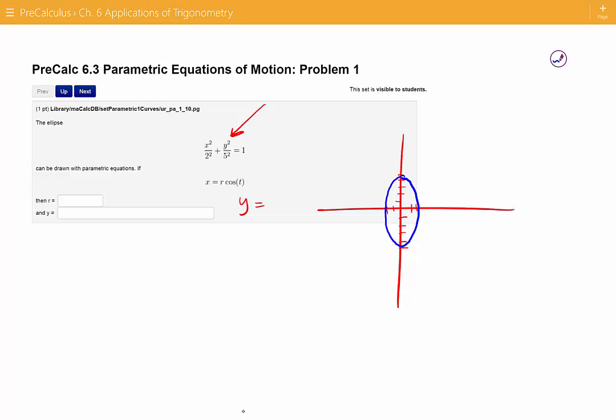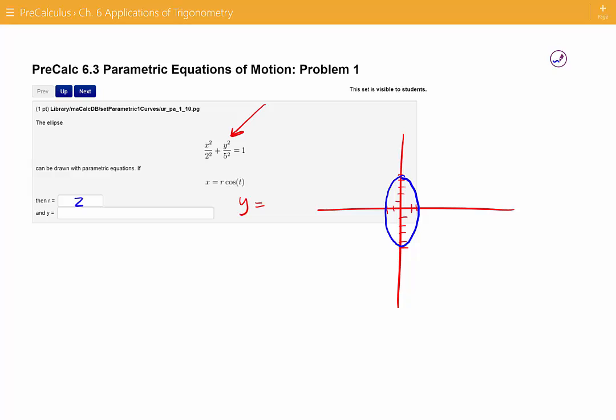So what we want is we want to know x varies as some number times the cosine of t. Now the cosine we know fluctuates from -1 to 1, but we need this thing to fluctuate from -2 to 2. So obviously we want r to be 2. So that just your x value, I'm just graphing the x value, is going to fluctuate then from -2 to 2, which is exactly what we want right here.